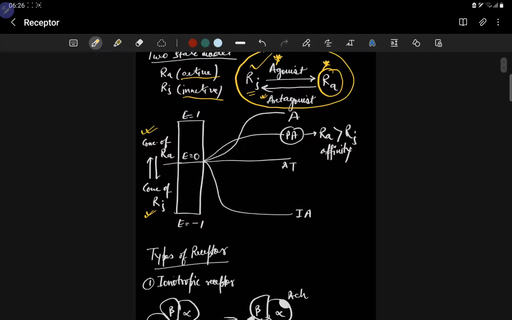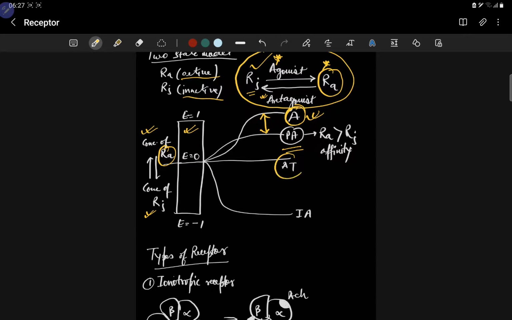We see that an agonist has affinity, obviously, and it makes the receptor active. The concentration of RA is more, right? A partial agonist also activates the receptor, but the concentration of RA versus RI is lesser in comparison to the agonist.